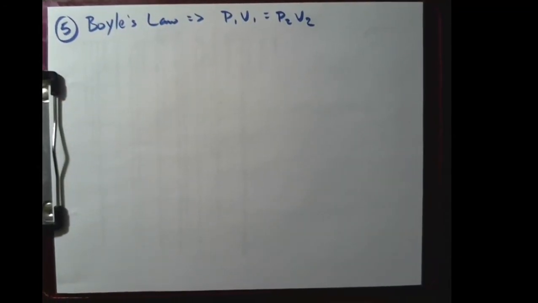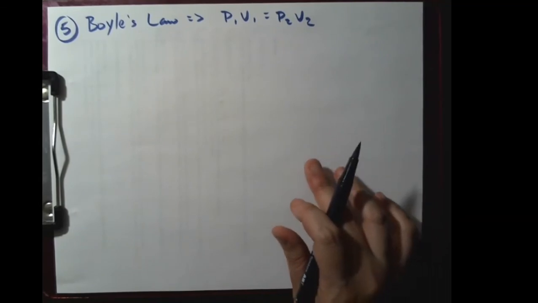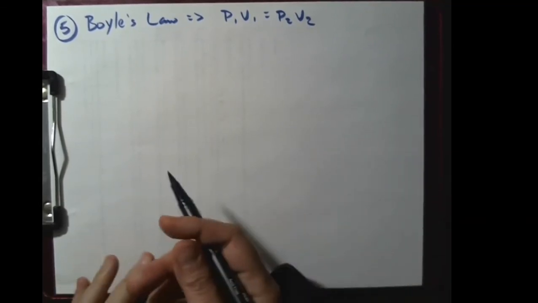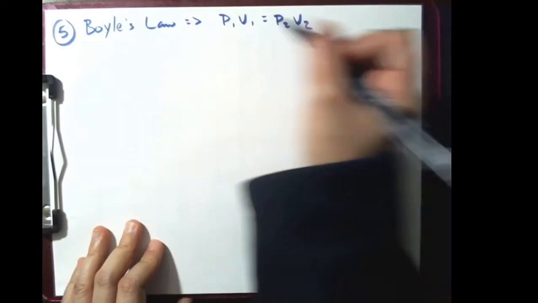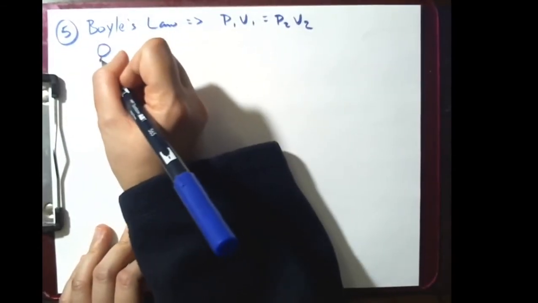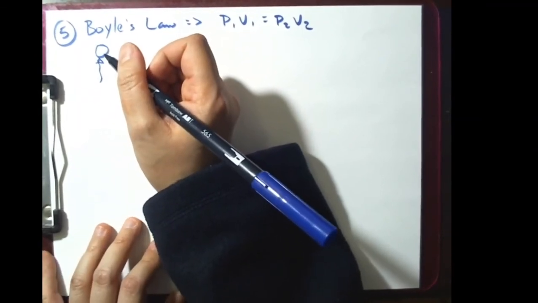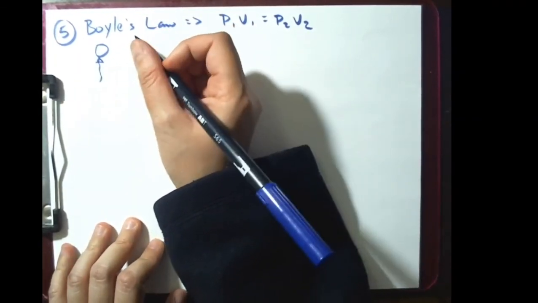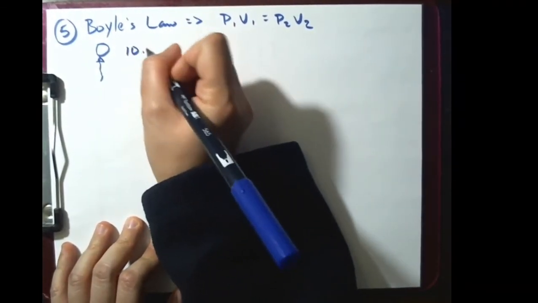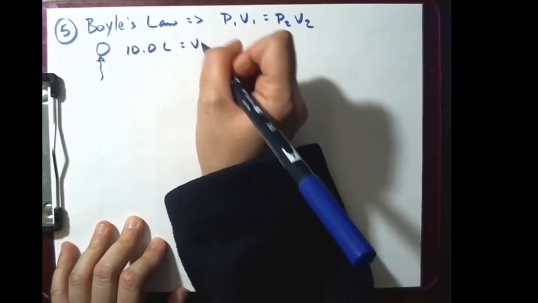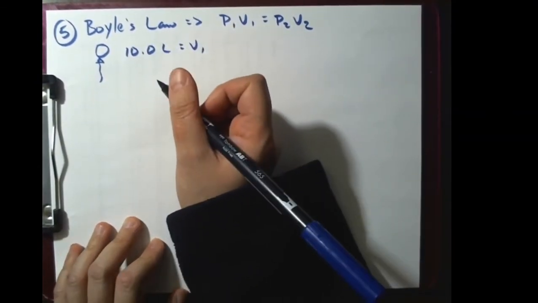So question 5 states, a scuba diver inflates a balloon. It's another balloon. We're never going to get rid of the balloon. So this time we have a balloon, and it's inflated to 10 meters. Okay. At the surface.